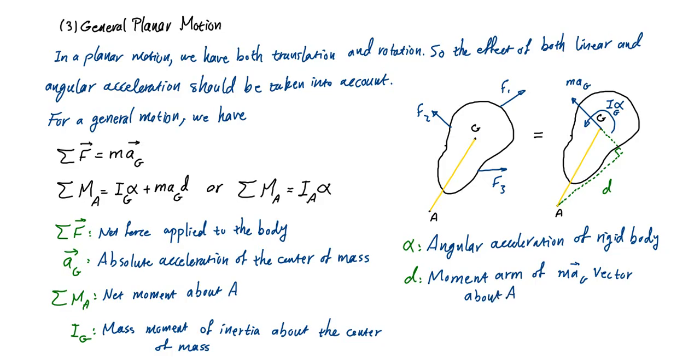Because that's the distance. The last term, IA, is the mass moment of inertia about A.